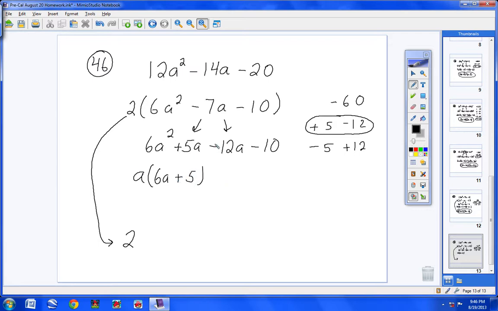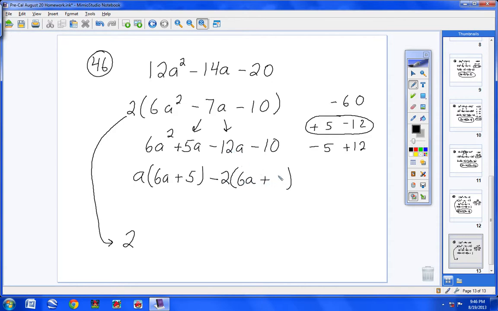Now notice I have a negative sign here, so because of that, I'm going to have to put a negative sign here. And 2 goes into 12 and 10. 2 is the largest number that goes into 12 and 10. I cannot pull an a out because there's no a with your 10. Well, let's see. Negative 2 times 6a is negative 12a.